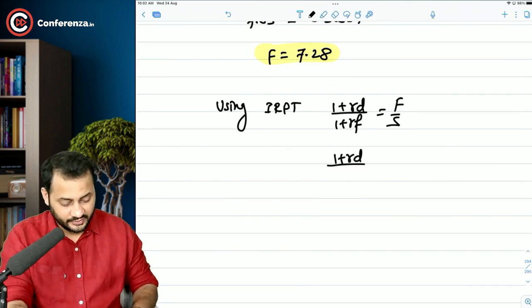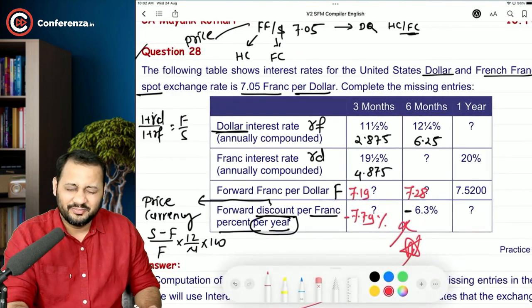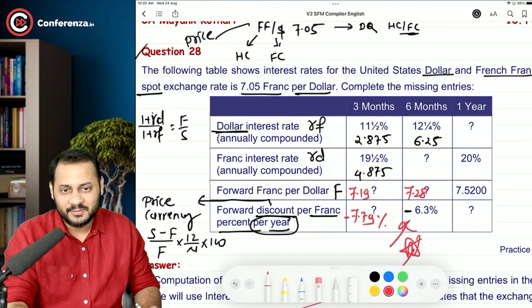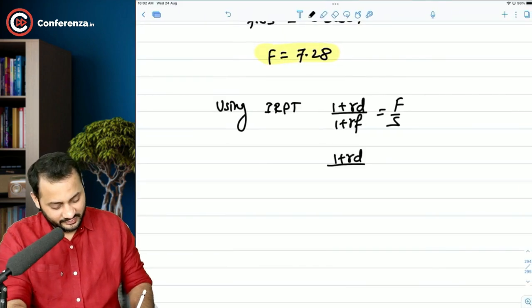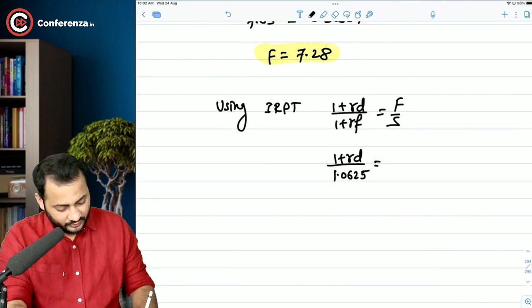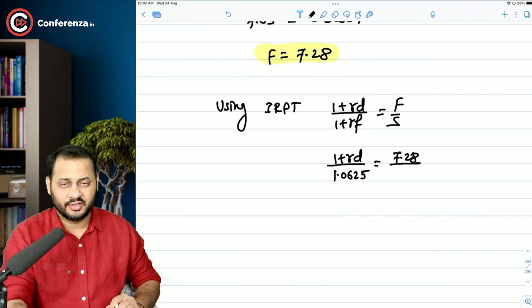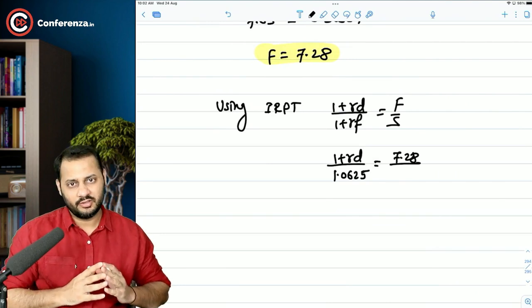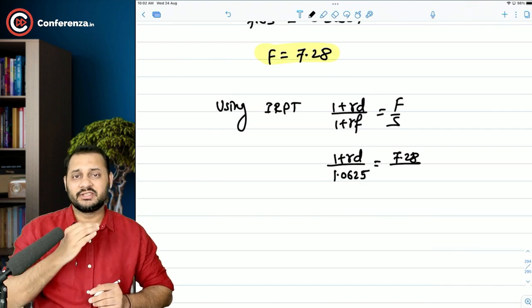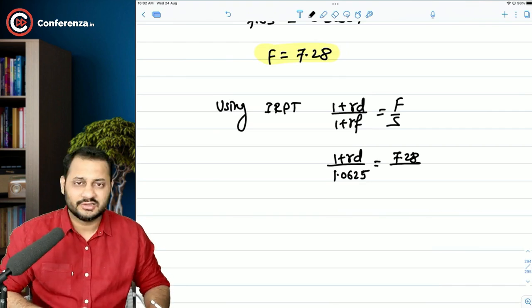RF means risk-free rate of interest, the foreign country interest rate. So that's 6.25. Can I keep it 1.0625? Please remember to take the rates only for the period that you are calculating, that is 6 months, because per annum rates are given. By mistake, if you take the per annum rate, the answer will be wrong.